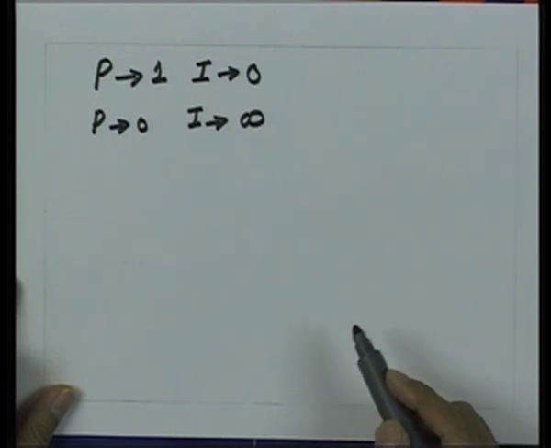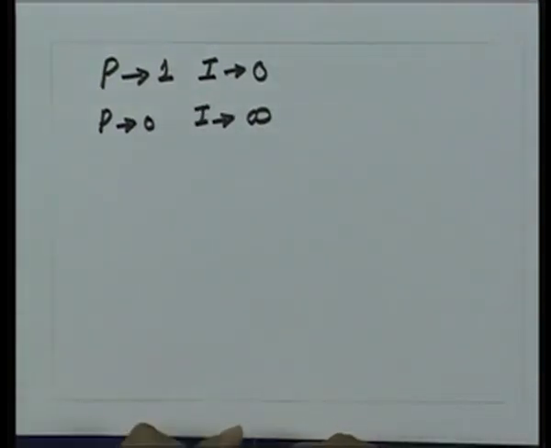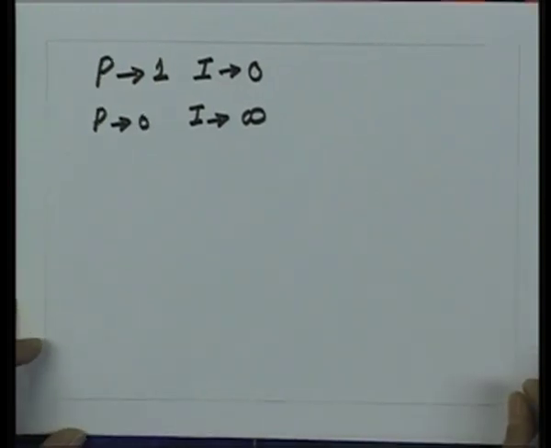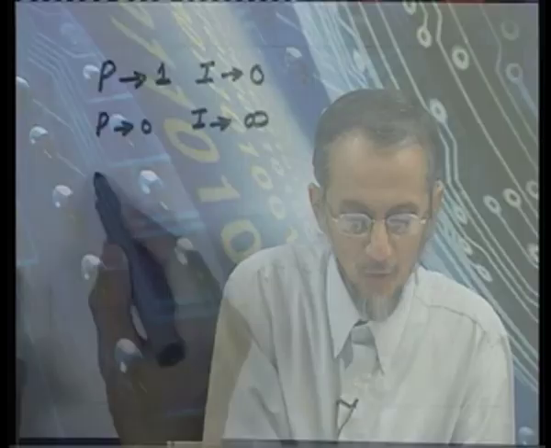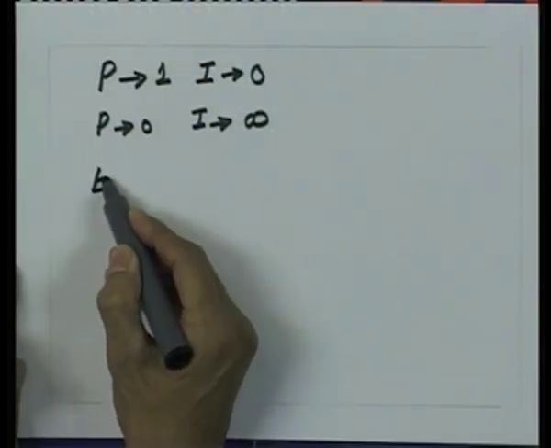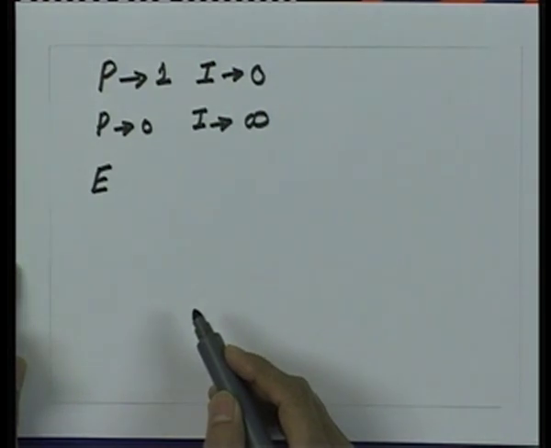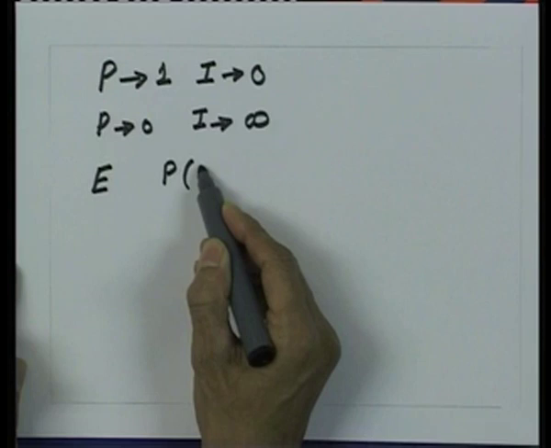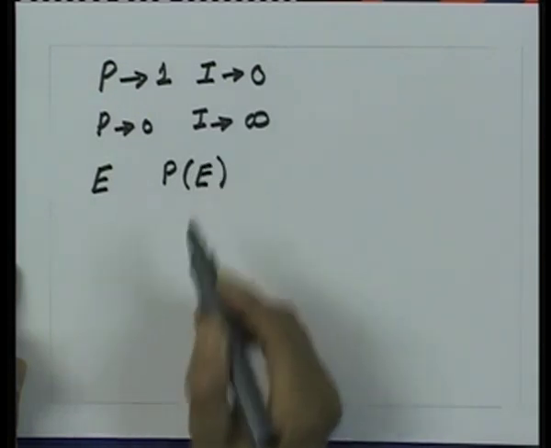With this understanding of expectations for the measure of information, we will try to define information more formally as defined by Shannon. So, to define information more formally, let me assume that I have an event E and the probability of occurrence of this event E is given by P(E).